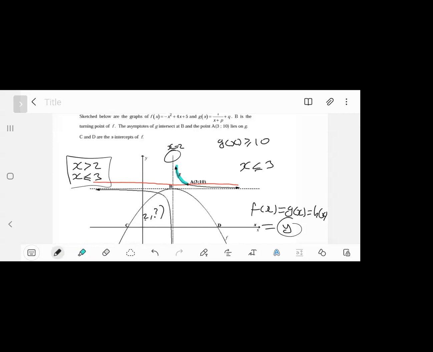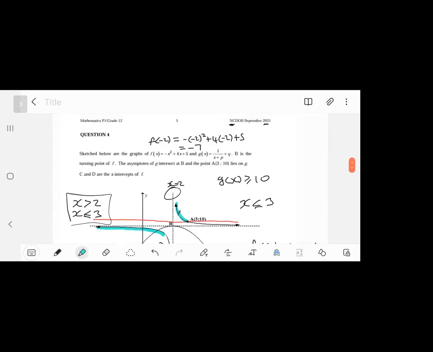Couldn't you just restrict it and say that x is equal to or less than 3, but x cannot equal 2? No, because in that case, I will be also including this part of the function. And this part of the function is below the red line, not above the red line. So they are only looking for where it's greater, not below. It must be greater.